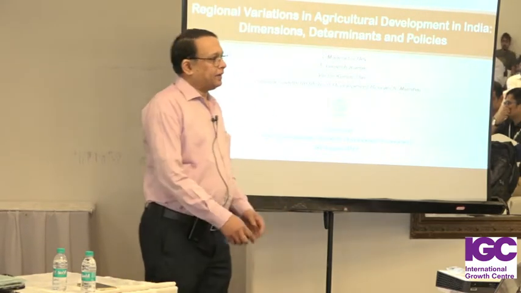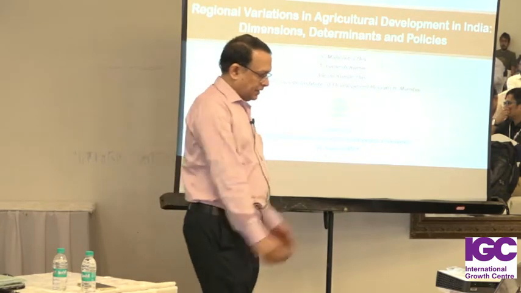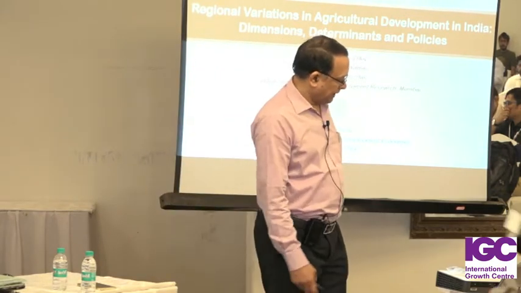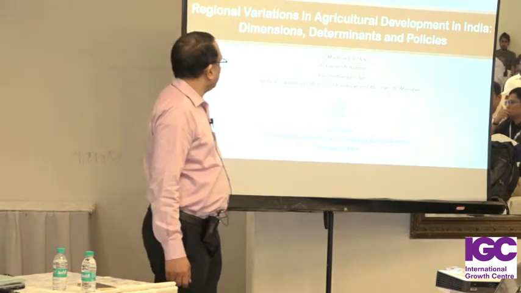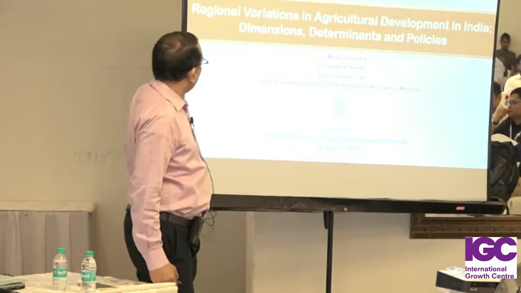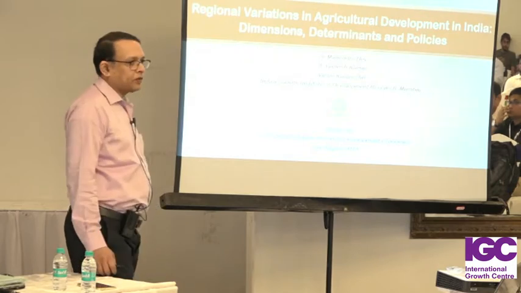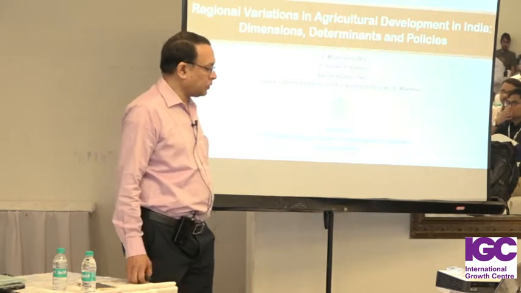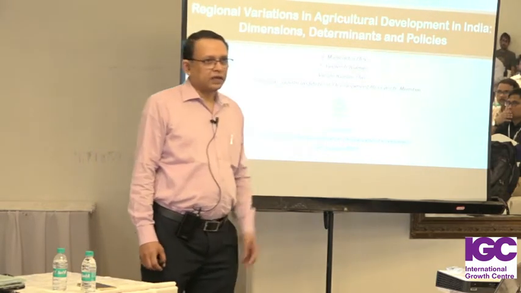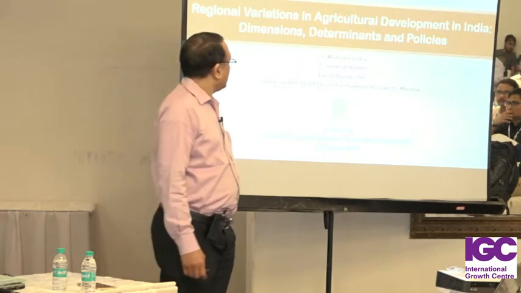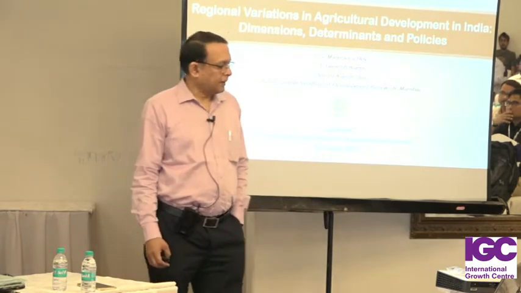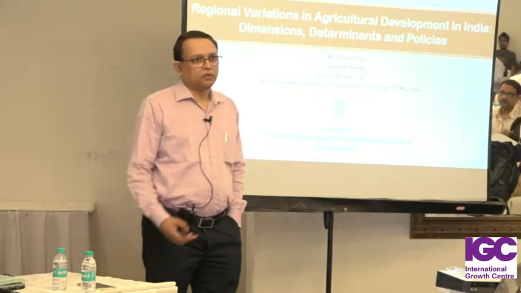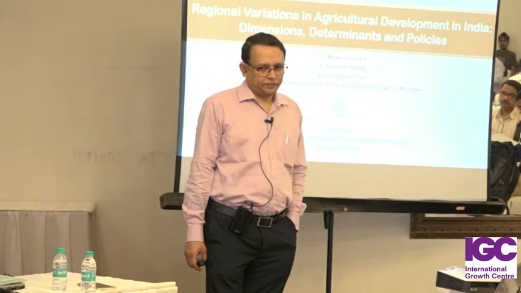Okay. So that said, let me get into this paper. I'm one of the co-authors of this paper, which is on the regional variations in agriculture development. What are the various dimensions and determinants and the policy aspects of it?